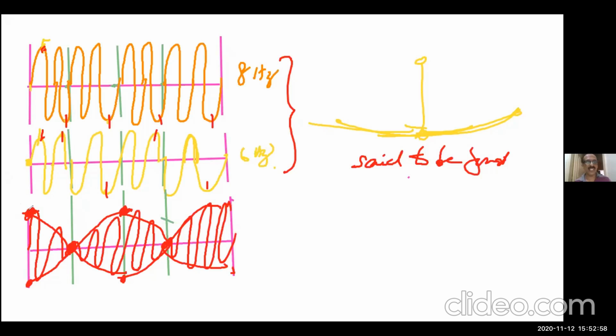It's there in the note. Easy. From this point to this point, high pitch, low pitch, high pitch, one beat. High pitch, low pitch, high pitch, second beat. Total 2 beats. This is the meaning.